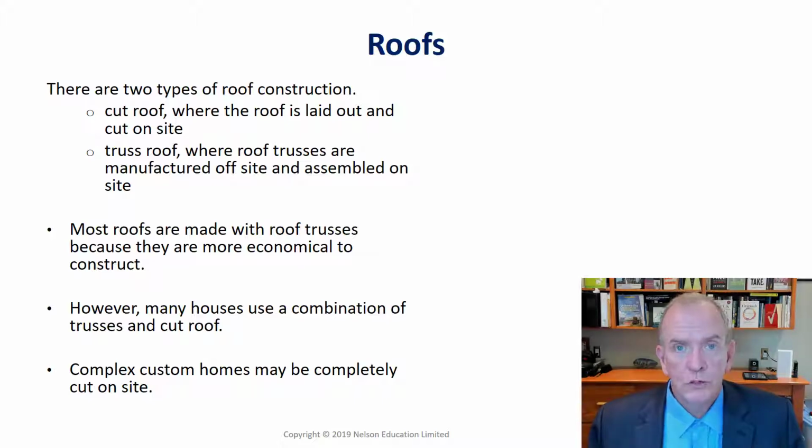Although cut roofs are still used for smaller roofs and renovations, and that's one less supplier that you have to worry about. You can get it put up. Very often in construction of new homes, the main house roof is a truss roof, but the little roofs on the side or at the front are generally cut on site. So you can have a mix and match.